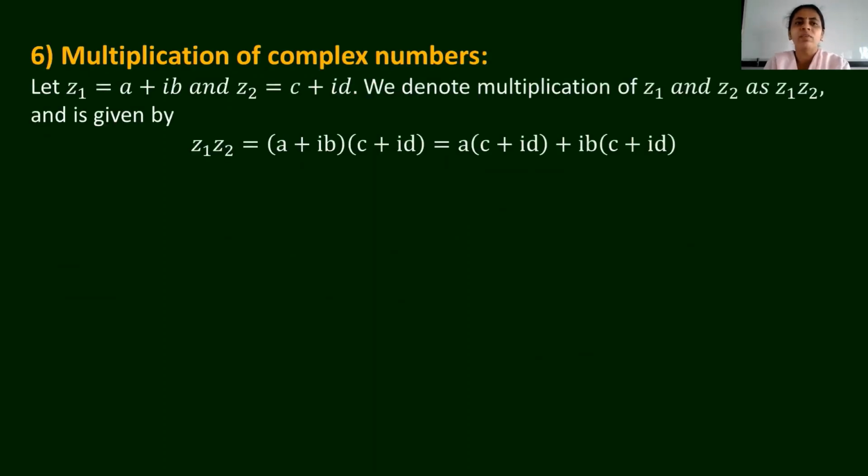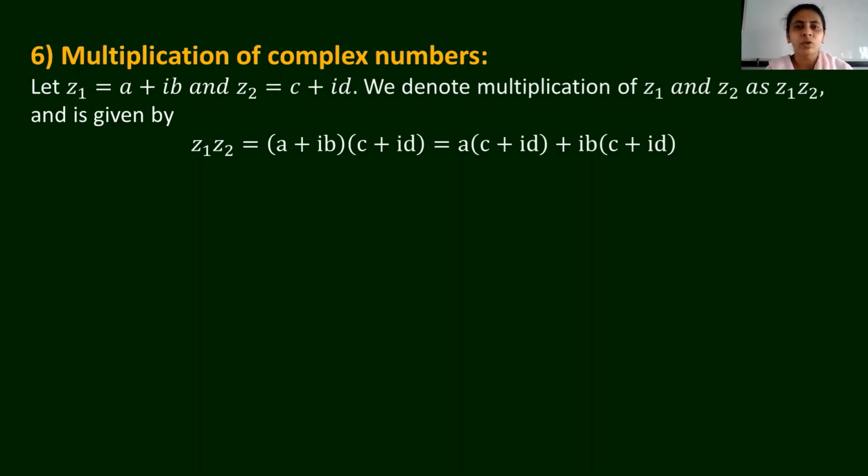Suppose we have z1 is equal to a plus ib, a complex number, and z2 is equal to c plus id, another complex number, and suppose we have to multiply z1 and z2. Then z1 z2 is equal to a plus ib into c plus id, which is a into c plus id plus ib into c plus id.